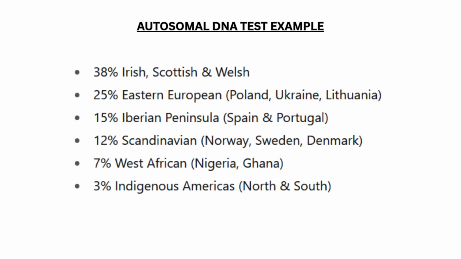And then they'll take your autosomal test and compare it to those various populations and then tell you, okay, based on your results, there's a 38% chance that you're Irish, Scottish, or Welsh, and there's a 25% chance that you're Eastern European, and 15% probability that you're Iberian, 12% probability Scandinavian, so on and so forth.